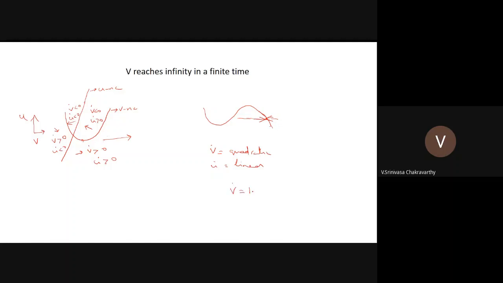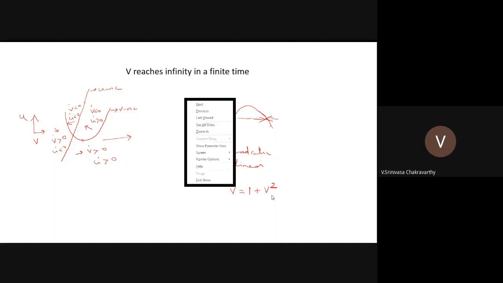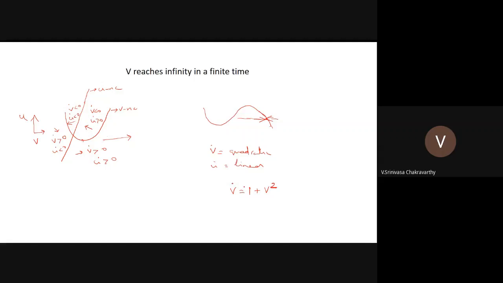v dot is equal to 1 plus v square. So the quadratic term expression I'm simplifying to something really simple: a positive constant term plus v square. Even that constant I'm taking as 1 without loss of generality. So now if I have a differential equation like this, v dot equal to 1 plus v square, how does v vary?